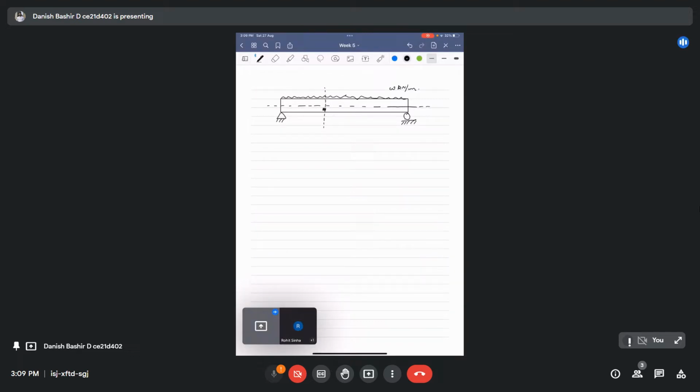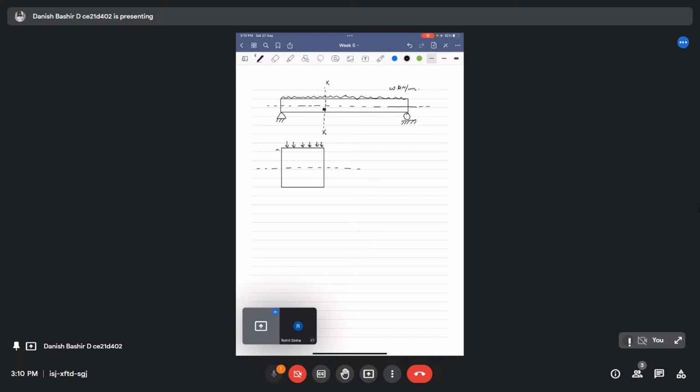Let's cut the free body diagram and see all the internal forces within this point. I will make this an enlarged one. This will be the neutral plane of our beam section. This will be the loading coming up to this point because we cut the section XX like this.